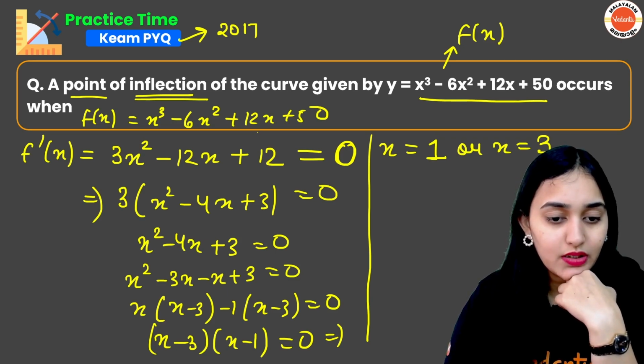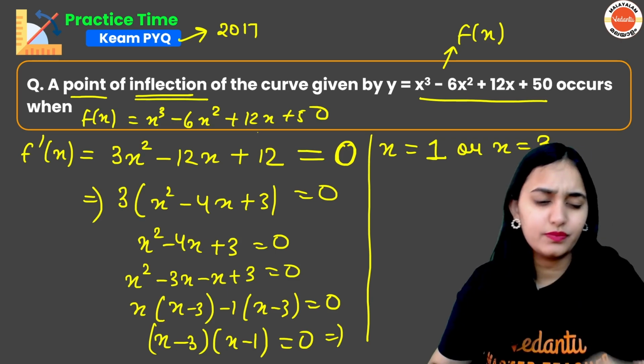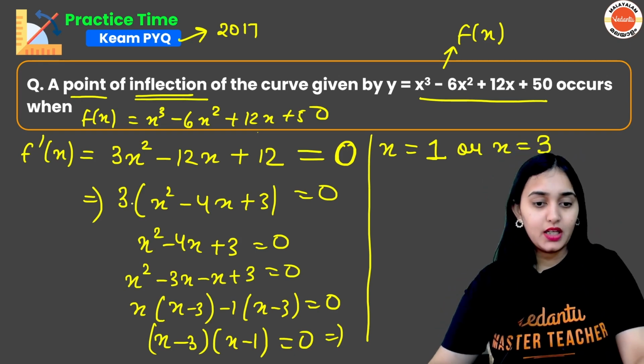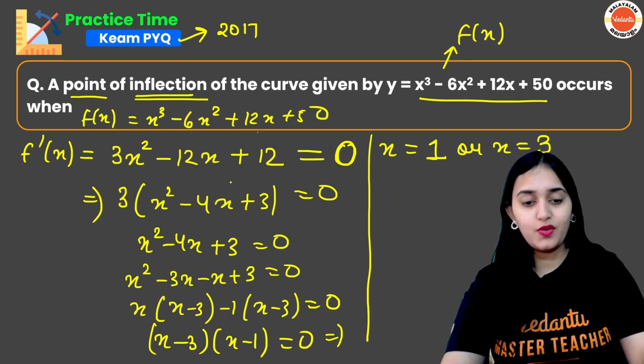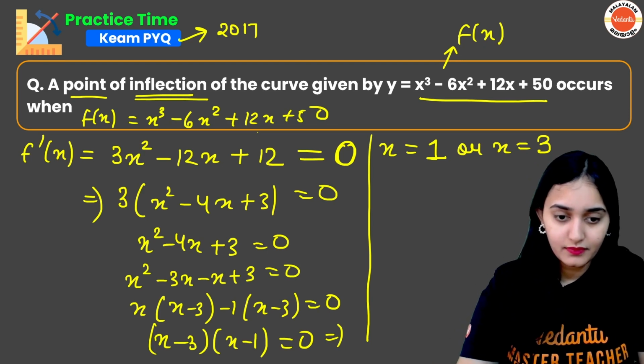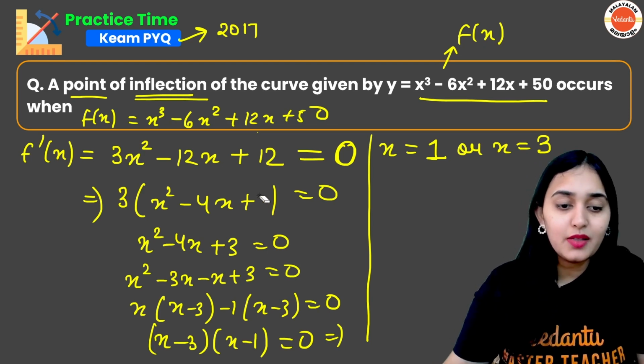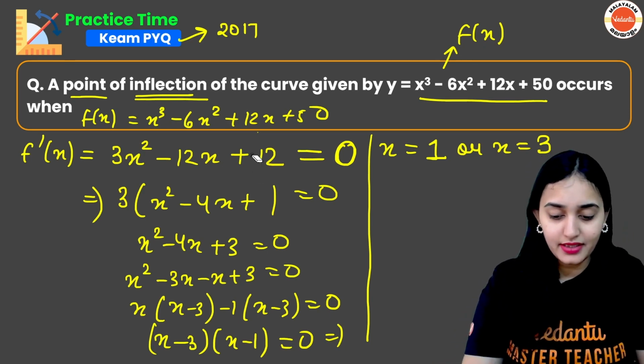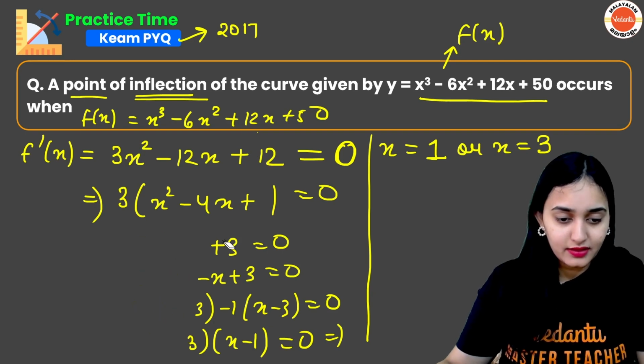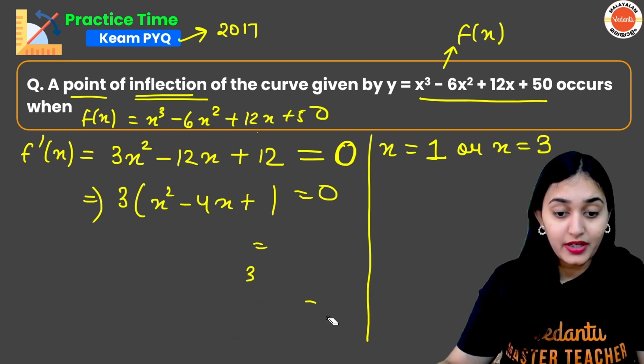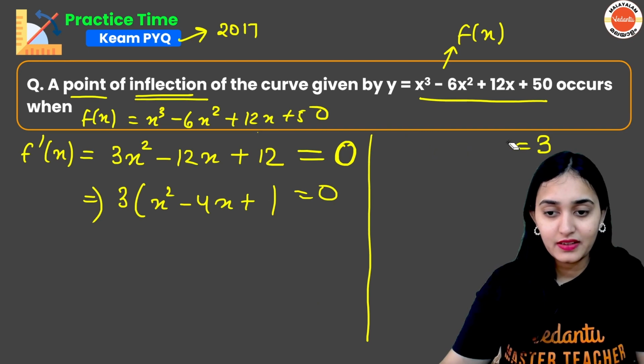This is 12x. Oh, my bad. This will be 4 here. Sorry. This will be 4. 3 4s are 12. Let me solve it again. Our inflection point will change because of this.